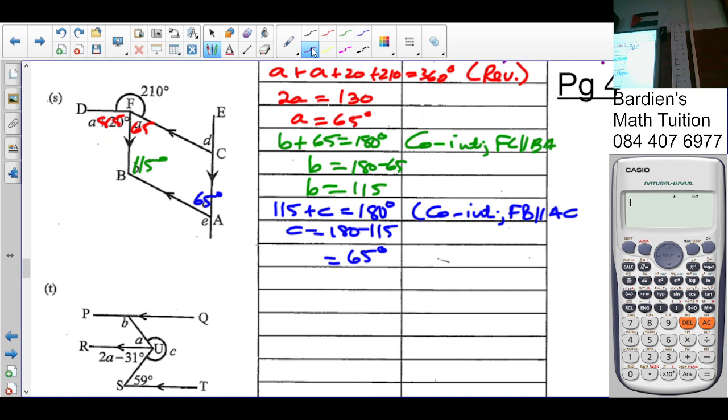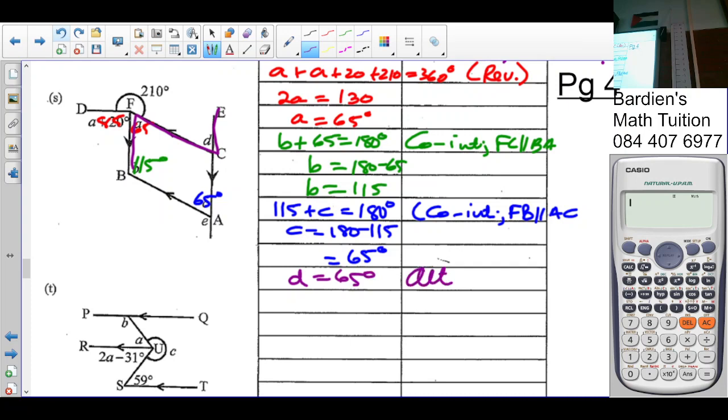D is 65. Why? Alternate or corresponding, depending on how it is lying. Either one will get you the mark. Do you get extra marks in the language? No, you won't get extra marks. So you say D is equal to 65 degrees.